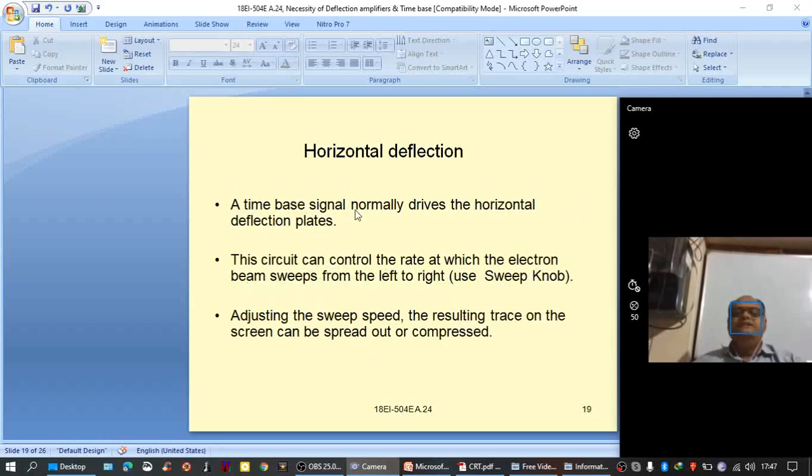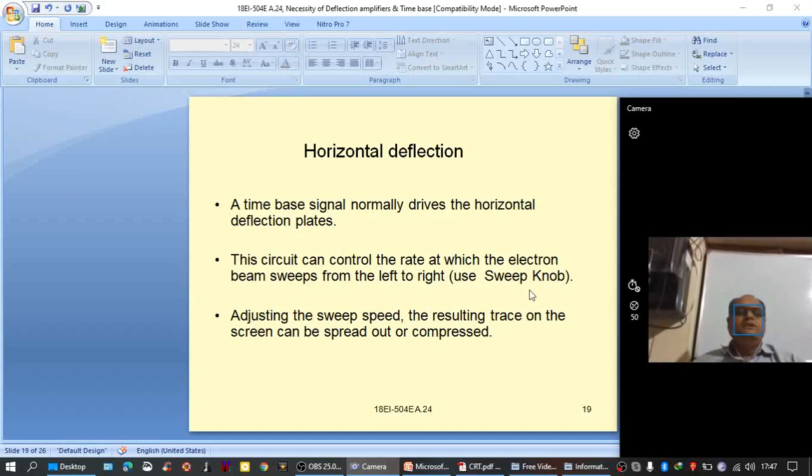A time-base signal normally drives the horizontal deflection plates. This circuit can control the rate at which the electron beam sweeps the signal from left to right.